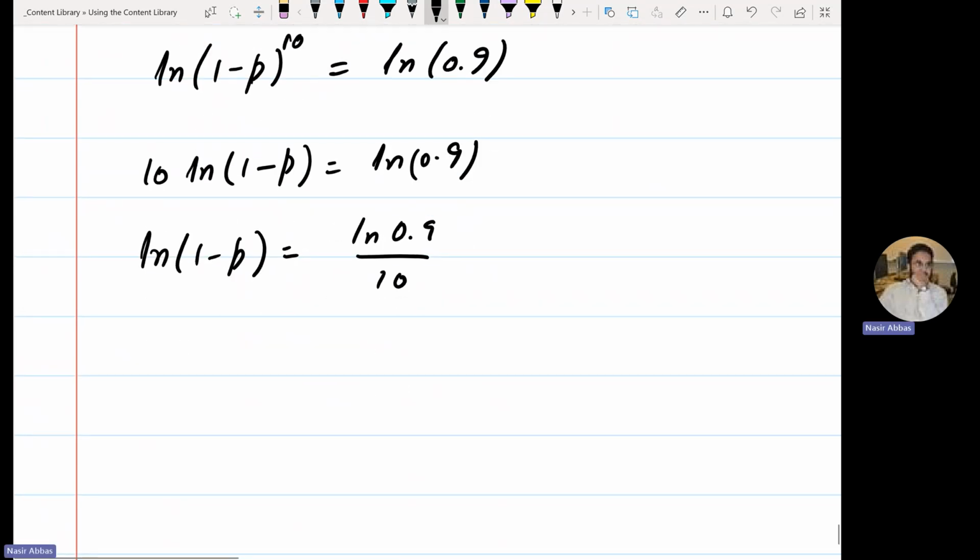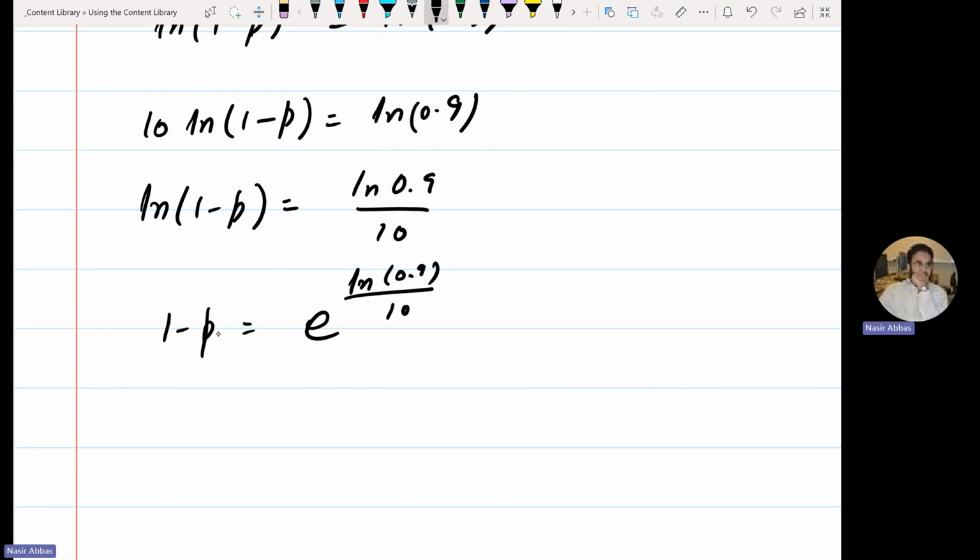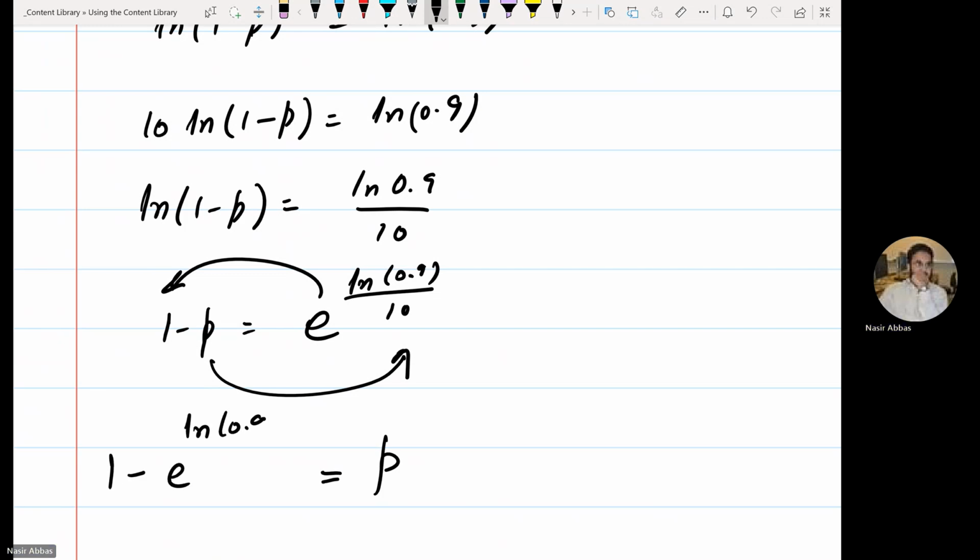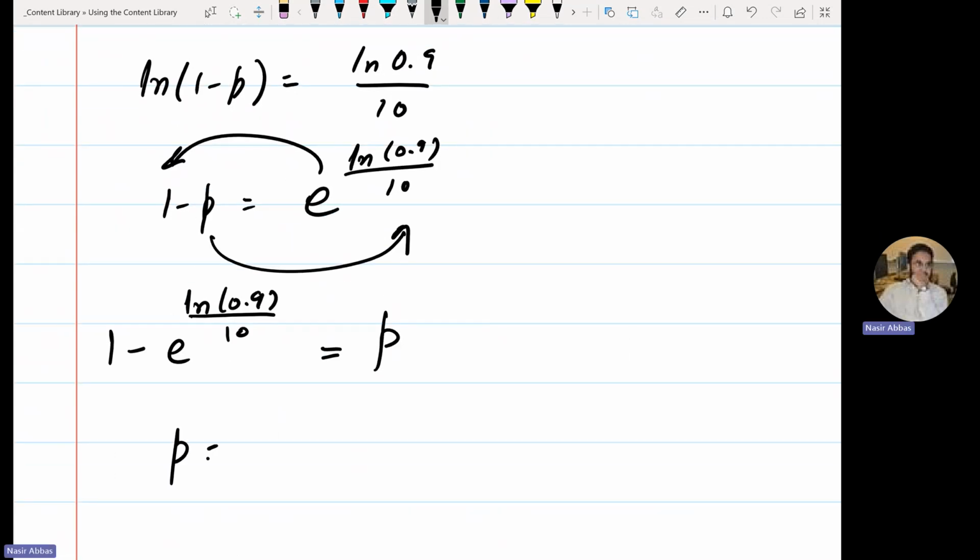Take e to the power both sides. Take p to this side, p to this side, and e to this side. P will be this, and this will be equal to, see the magic, I'll do the calculation in mind, 0.2057, right?